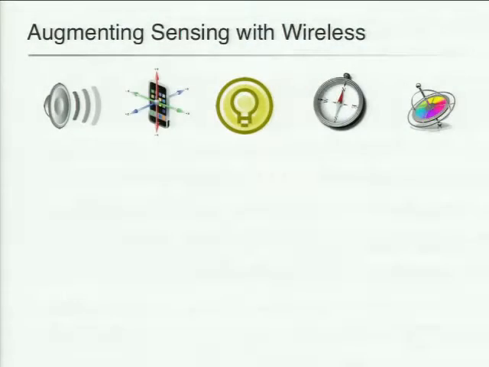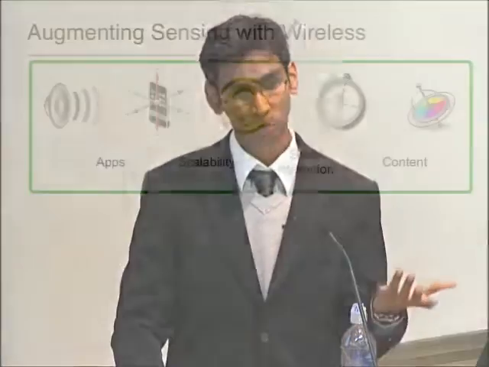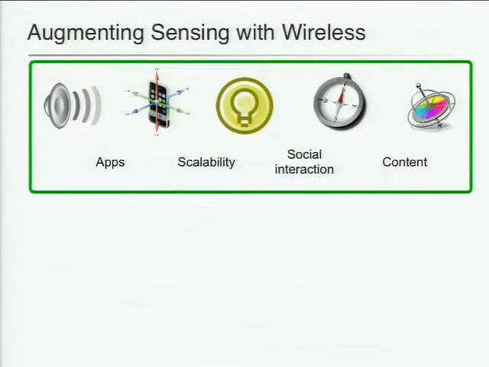Now, more broadly, I would like to augment sensing with wireless. If you think about sensors on the phone, there are a lot of them, and if you take a multimodal approach, it's possible to create more opportunities and solve problems on the phone as a platform. We also see that whenever a new sensor gets added to this space, the opportunity space increases drastically.